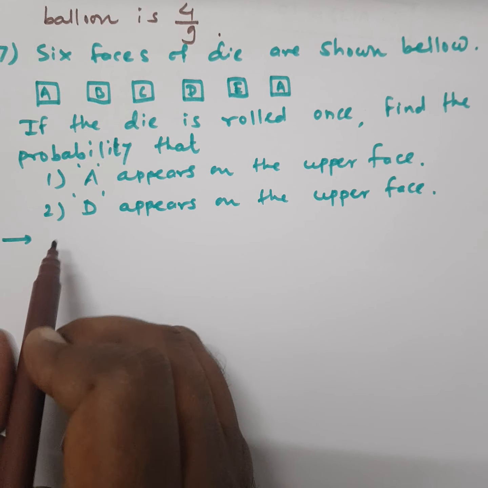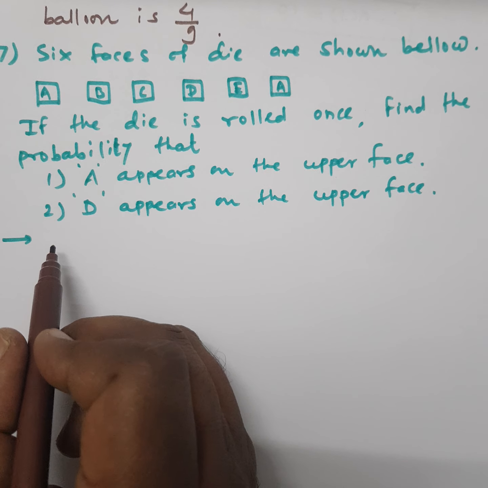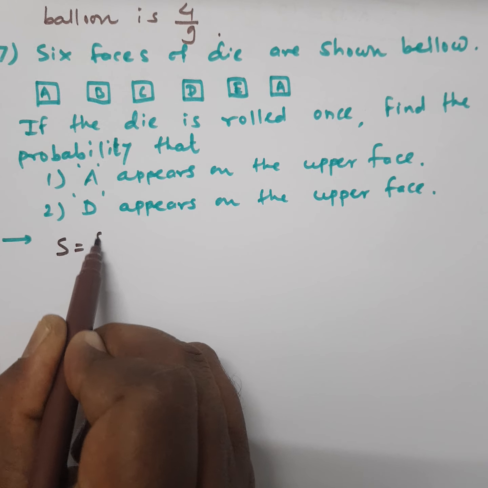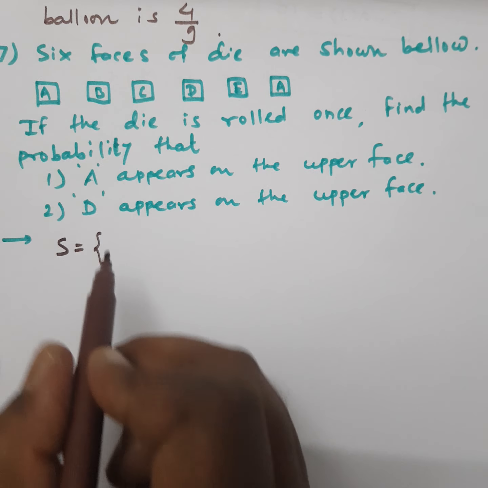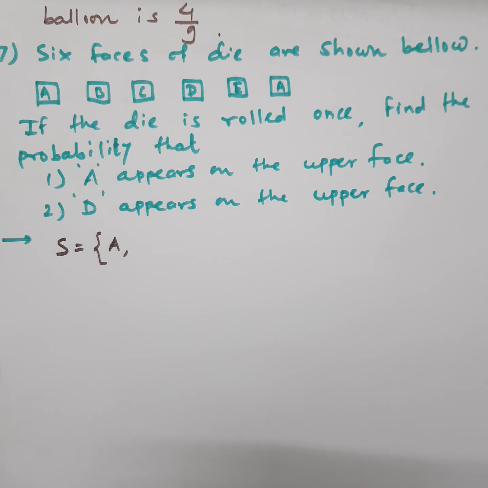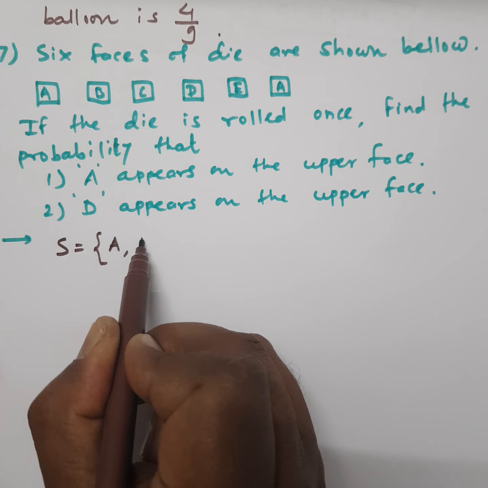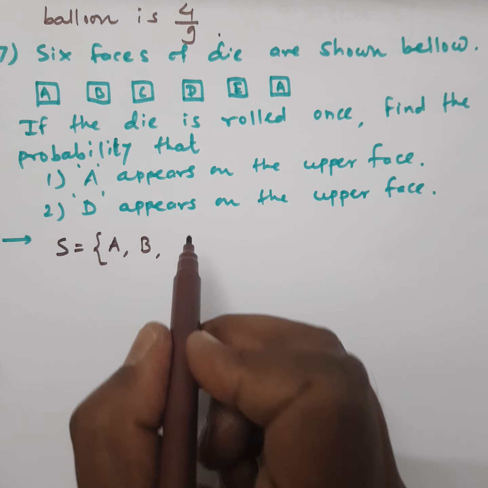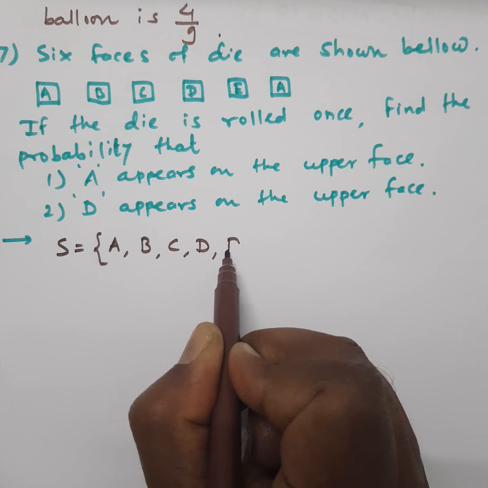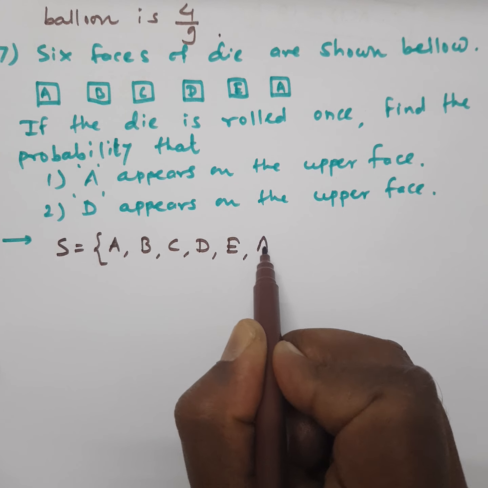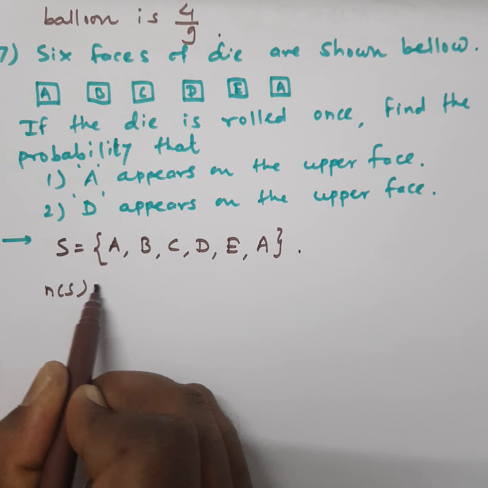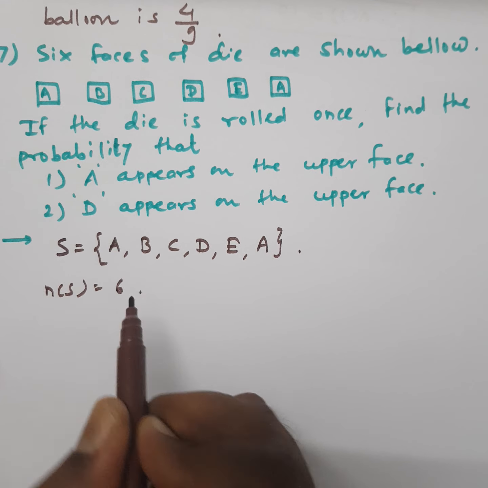Here the random experiment is that the die is rolled. Therefore sample space S is equal to, here on all faces of the die there are alphabets A, B, C, D, E and again A. Therefore n(S) is equal to 6.